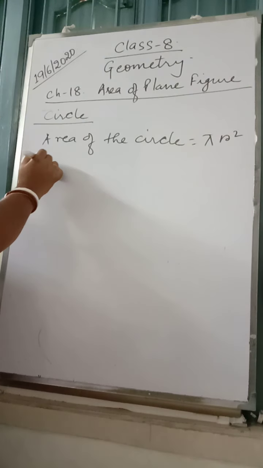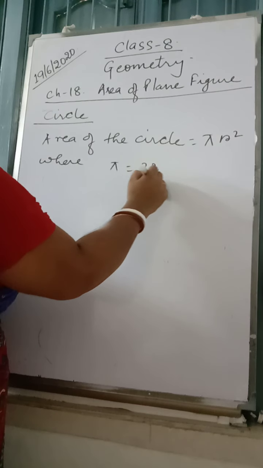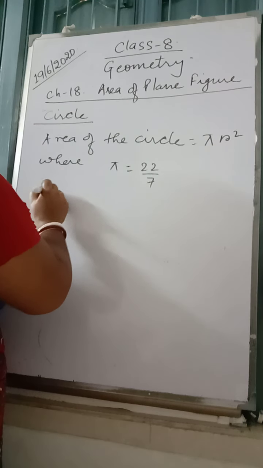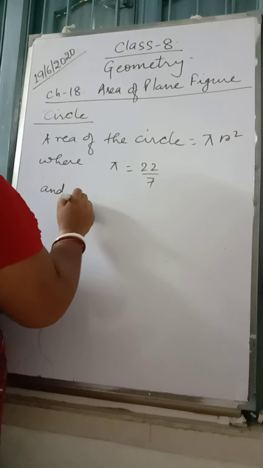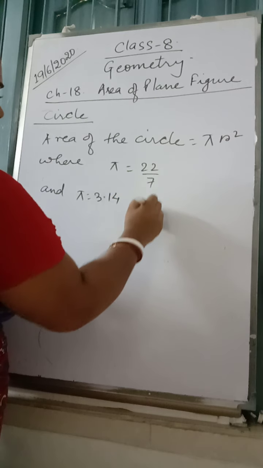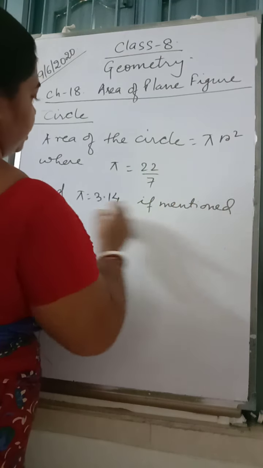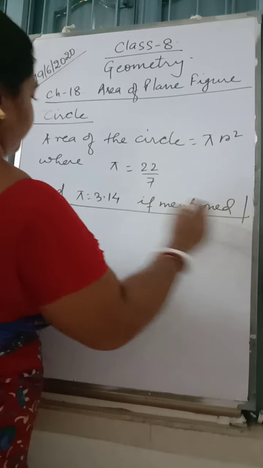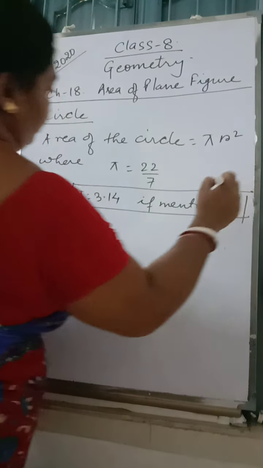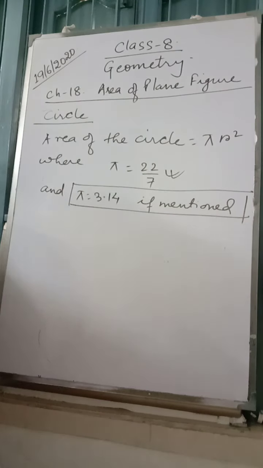Pi r square, where pi's value is 22/7, and pi is equal to 3.14 if it is mentioned. If in the question it is mentioned to use pi equal to 3.14, then we use it, otherwise we do not use it. We use pi's value 22/7. Okay.